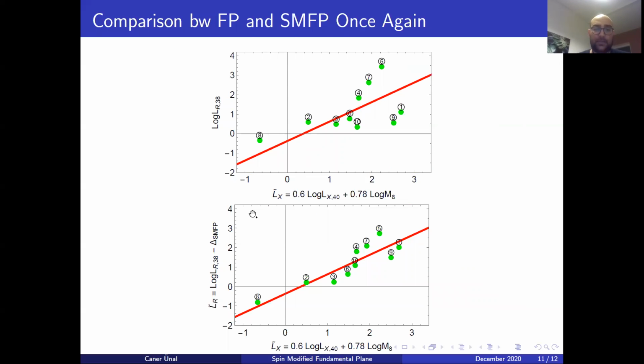In this bottom plot, we see again the same x-axis, but on the y-axis we incorporate the spin dependence of Lr and Lx, and we write it in such a way that this delta includes all the spin dependence of this problem. As you see, pretty much all the data points, given as red dots, come closer to this prediction. There's a huge improvement in the standard deviation from typically 1 to 0.5.